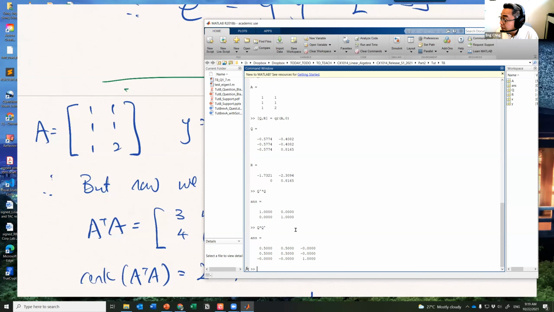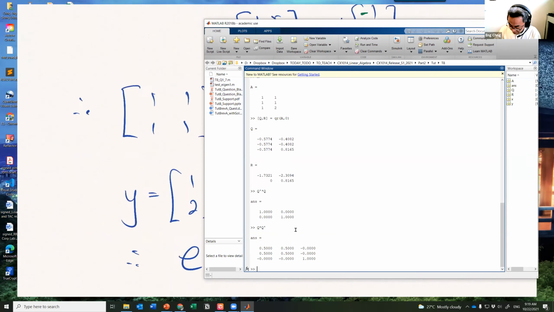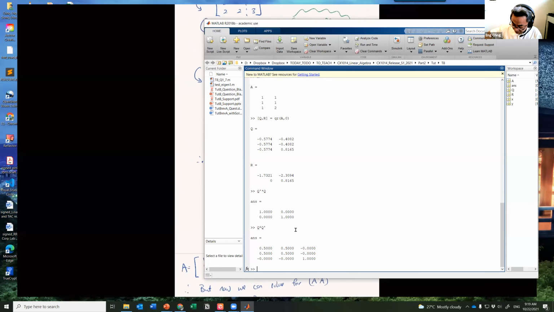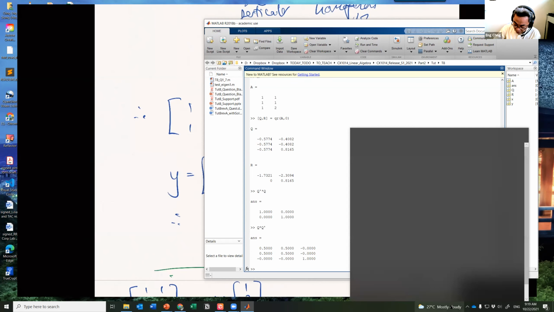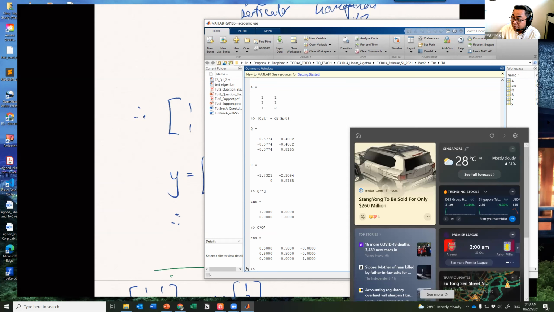Aaron asked me, is the error vector minus 0.5, 0.5? Okay, let me check. Yeah, you realize that I'm not very good with my math when it comes to this. Let me see the value. Y minus y hat.